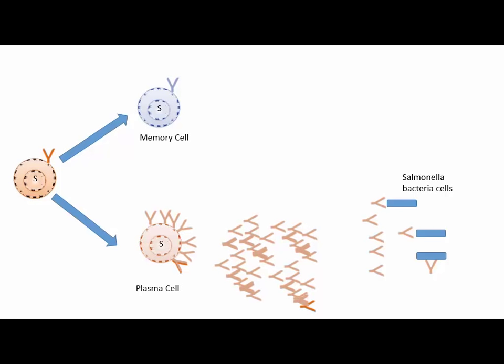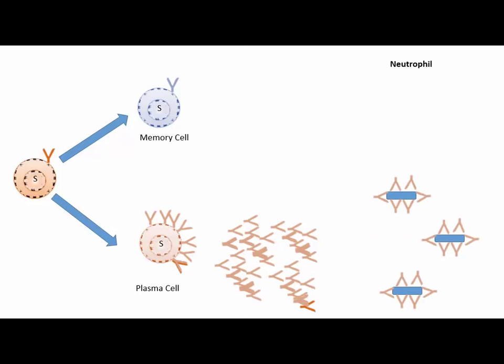And the reason it's important for the Fc region to stick out is so the phagocytes can bind to it, so that when the phagocytes bind to the Fc region, it can then take it into the cell and destroy it. Okay?